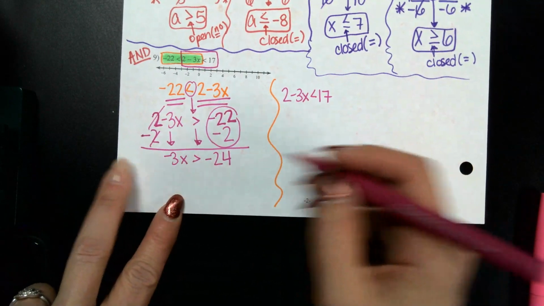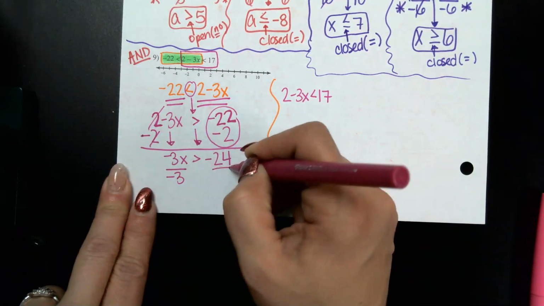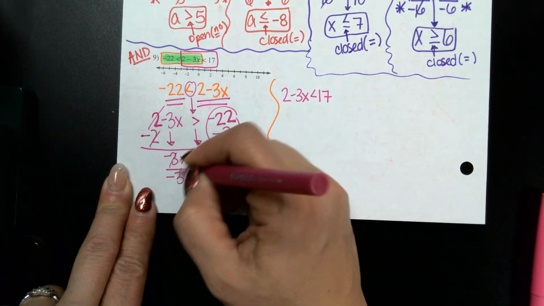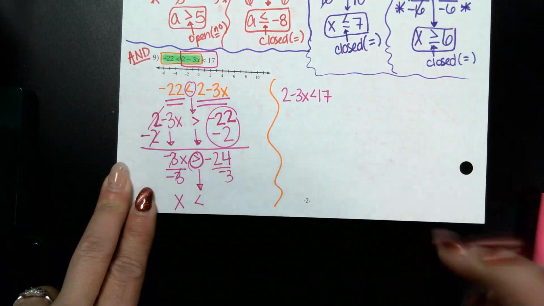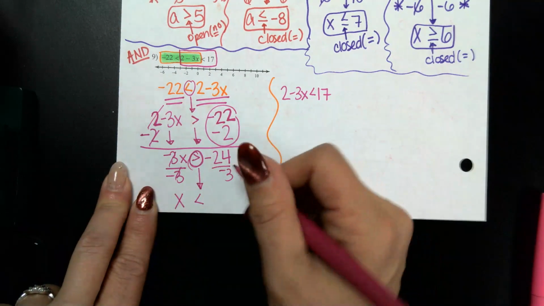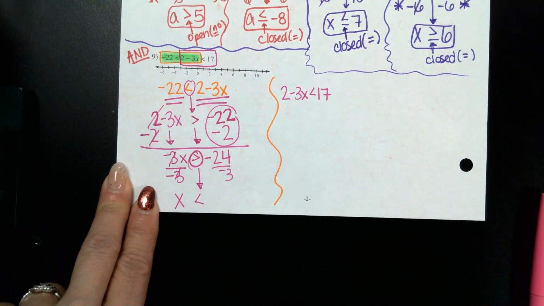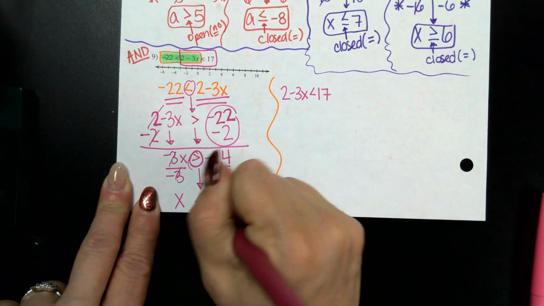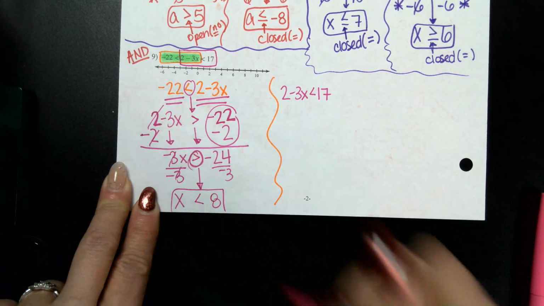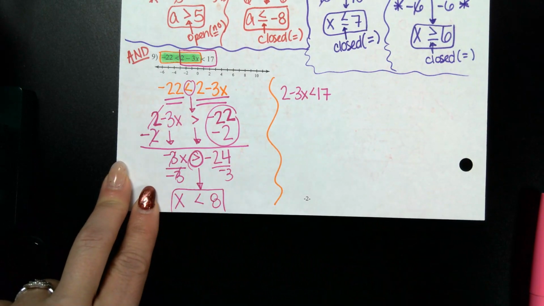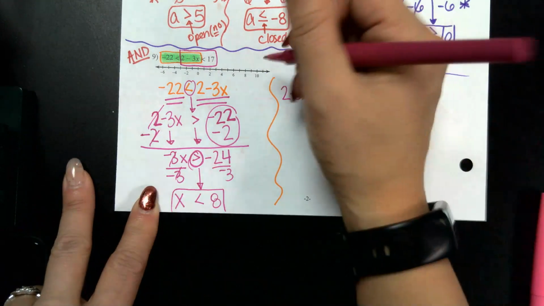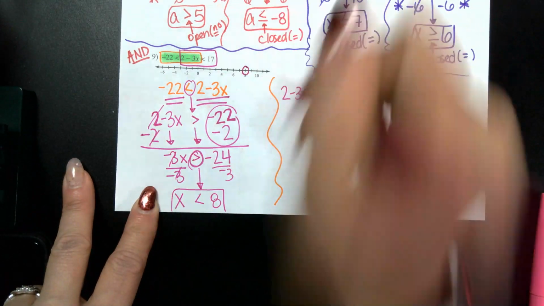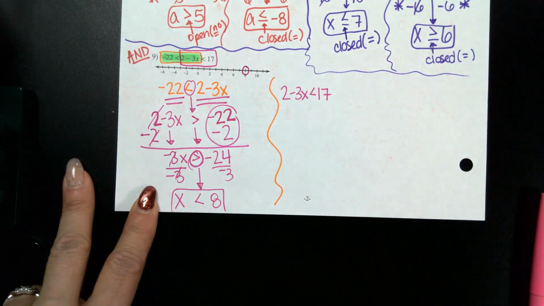Since we're dividing by a negative, I'm going to flip that symbol again. So this will actually flip twice in the problem. Negative 24 divided by negative 3 is positive 8. Open. There's no equal sign.